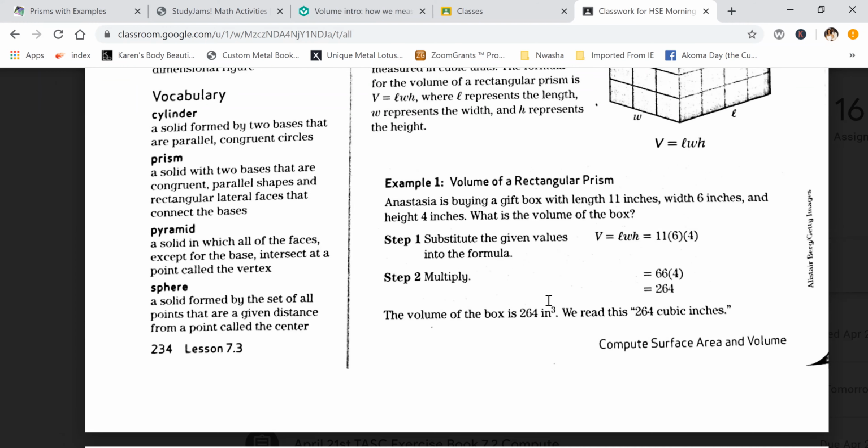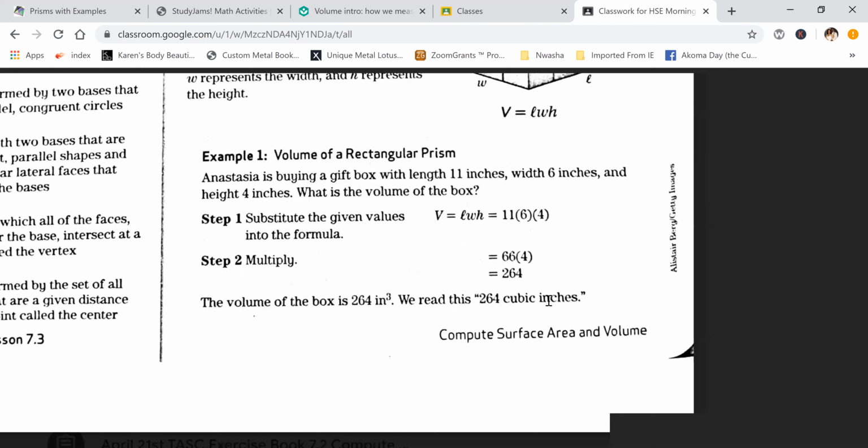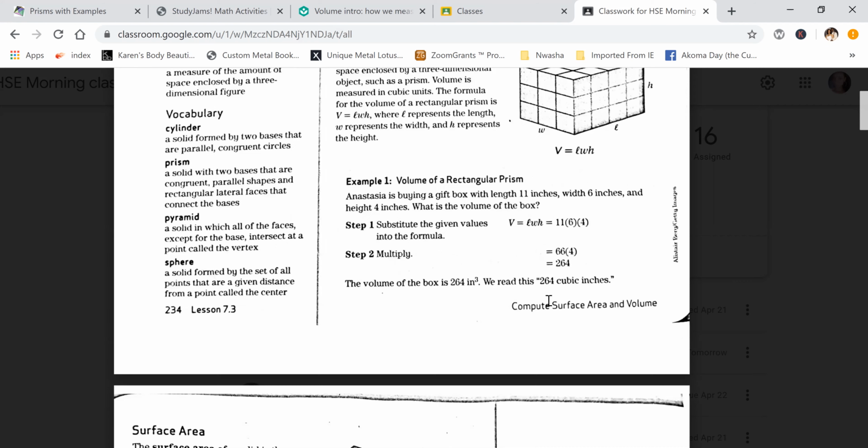So if you can see down at the bottom, it says the volume of the box is 264 cubic inches, because now you're talking about something that's 3D. And you might get one of those questions like we saw on two-dimensional shapes: should it be cubic or square inches? You're just now thinking of flat surface versus volume.